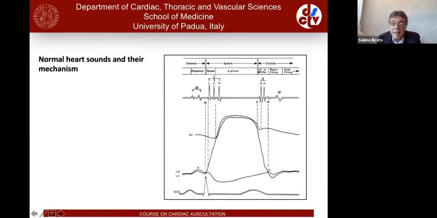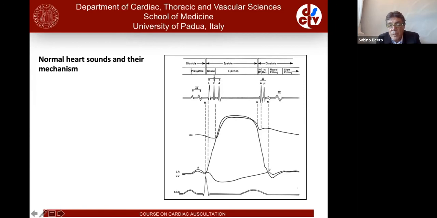So this is a complicated hemodynamic tracing with phonocardiography, but just as a reminder of what we have learned in physiology in our book. This is the first sound. The first sound is built by three components that are related to the closure of the mitral valve and the opening of the aortic valve.